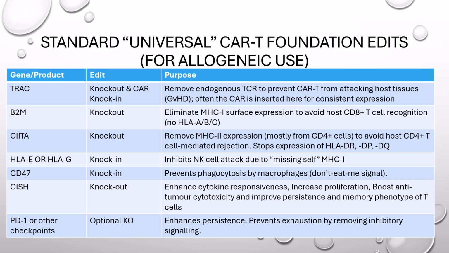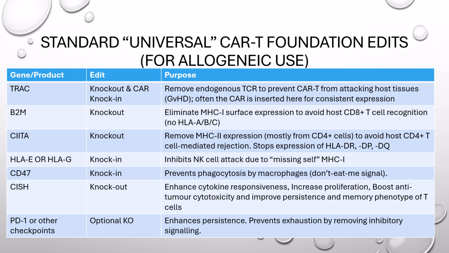And as we said before, we want to remove endogenous T cell receptors to prevent graft versus host disease, and also to exploit the natural place, the endogenous place where the T cell receptors should be, and to get consistent expression. And then there's the B2M locus, and this is knocked out.